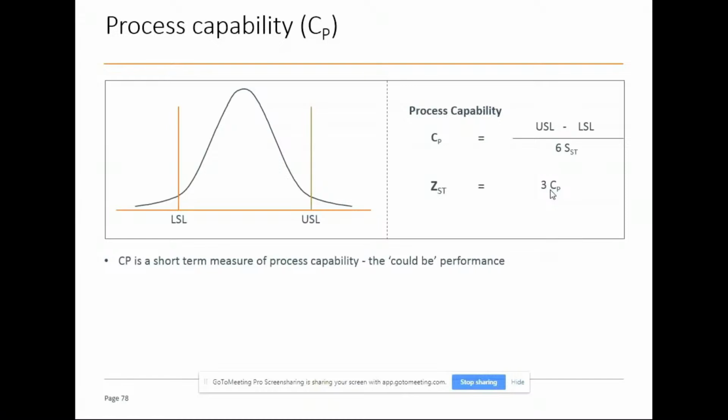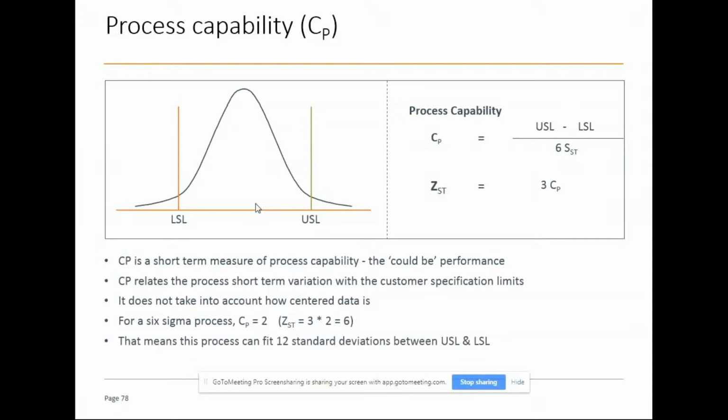It is the could-be performance. It is not the actual performance of the process, because it is not taking into account the process shift. It is saying USL minus LSL. It is not taking into account where the mean is. So by design, it is telling us what the process capability could be.